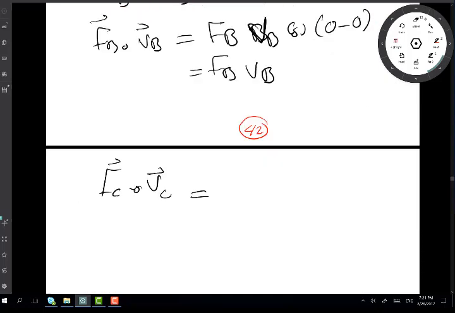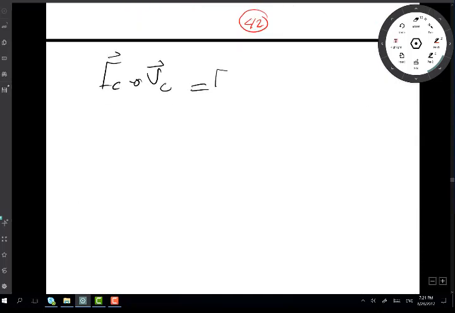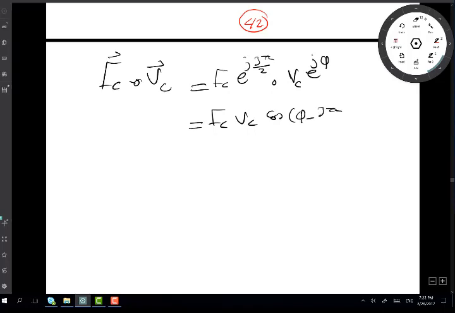FC is some magnitude FC e^(j3π/2), going downwards, and then dot VC, which is some value VC e^(jφ). The magnitude is just FC times VC times cosine of the angle between them, φ minus 3π/2, which I can simplify if I want to. So this is how we do this dot product in a plane, as simple as that.